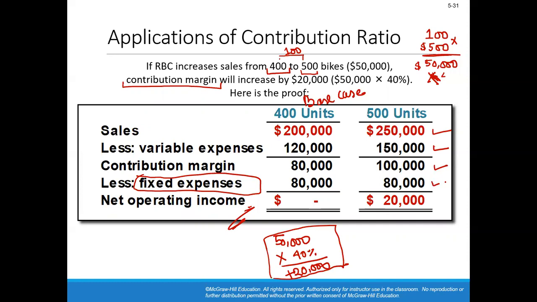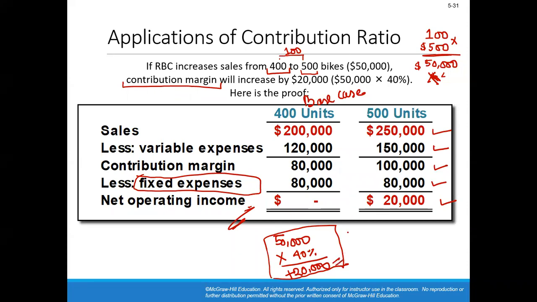Our fixed expenses are 80,000 as before, and we get 20,000 net operating income. It was our break-even point. From this base case, our net operating income has increased from nothing to 20,000. So this is the same thing we have seen here.